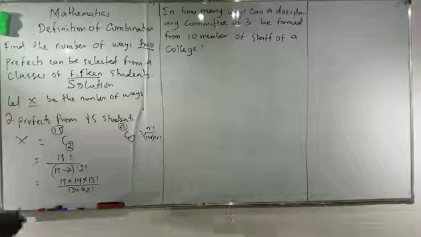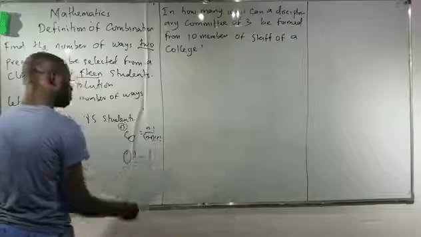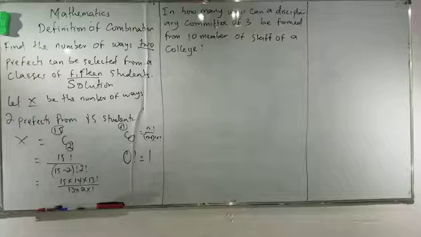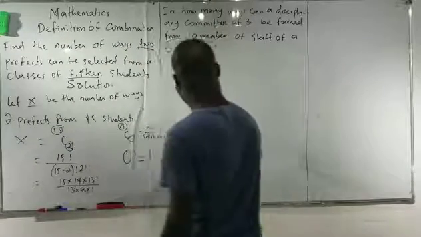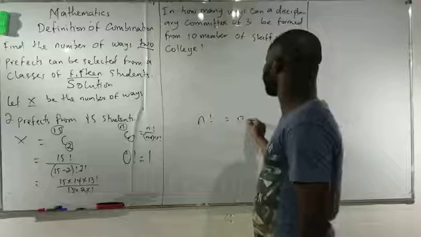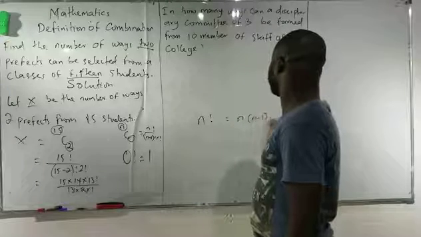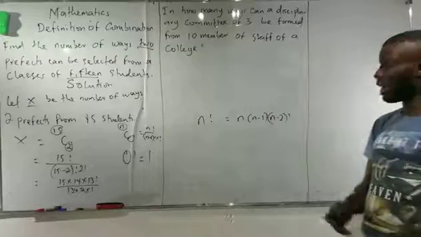Don't forget that in the previous video, I said that 0 factorial equals 1, and likewise 1 factorial equals 1. I also said that n factorial can be written as n times (n minus 1) times (n minus 2) factorial, depending on what you are working on.